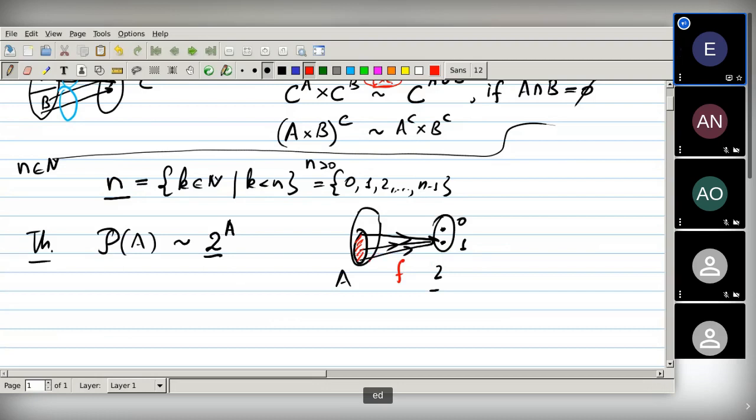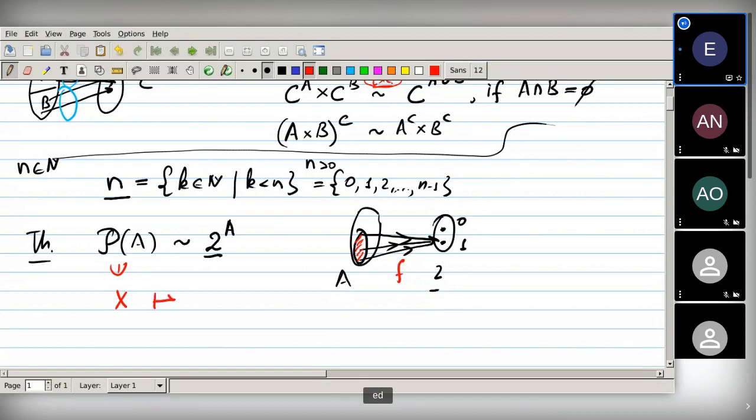And vice versa, for every subset, you can consider a function which takes value 1 exactly at this subset. Is it clear? Yes, it's clear. And this function is called a function that takes 1 if and only if our element belongs to some fixed subset X.